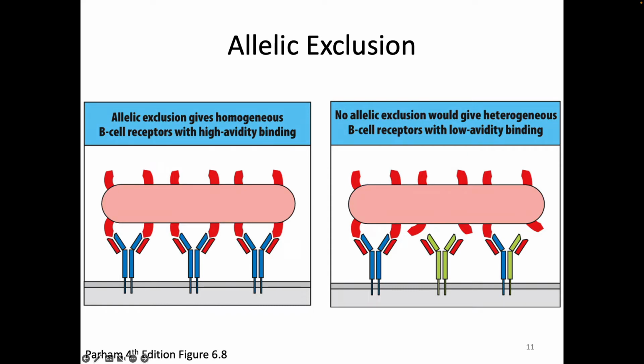So we could have a heavy chain from mom. We could have a heavy chain from dad. We could do a mix and match, but I'm not drawing those asymmetric ones.